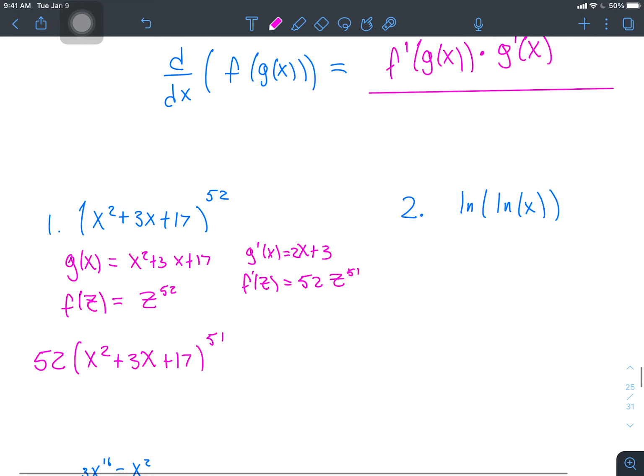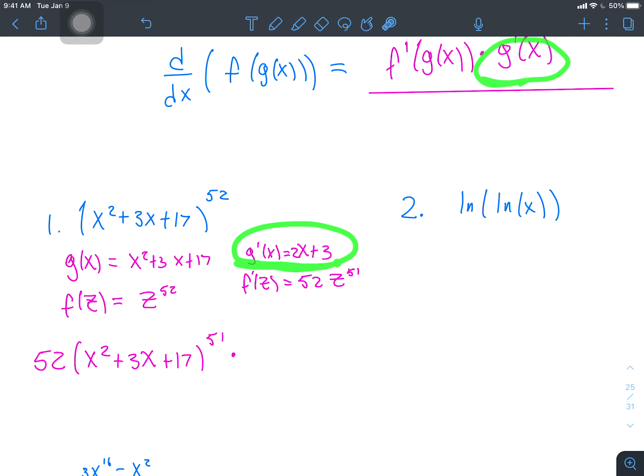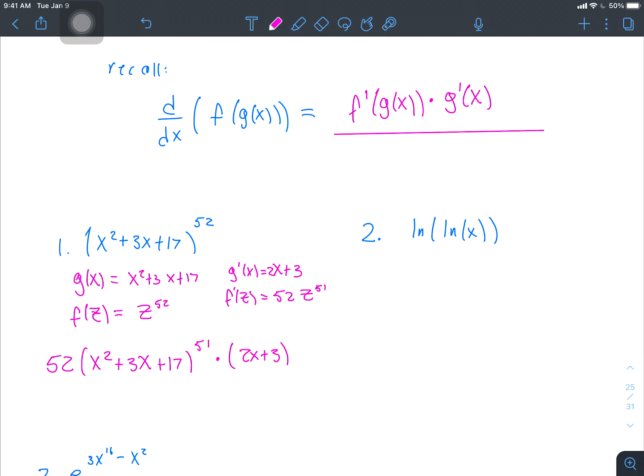Then multiply by the derivative of g. So the derivative of g is 2x plus 3. If I'm going to plug it into this equation, I need to remember that I always plug in with parentheses. So I multiply by (2x plus 3) with parentheses. And now I'm done with this first problem.